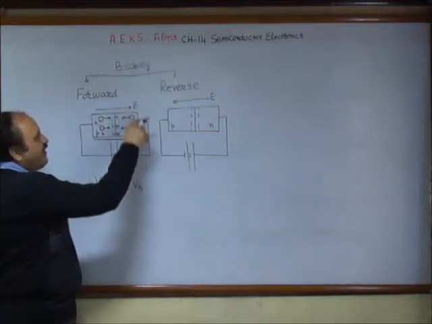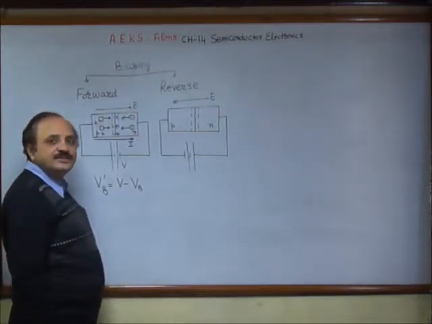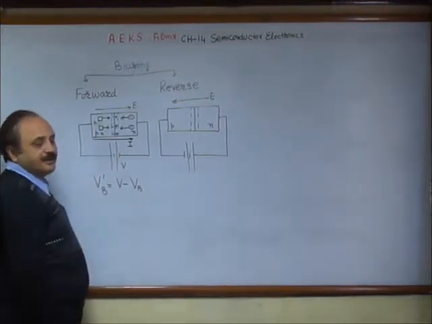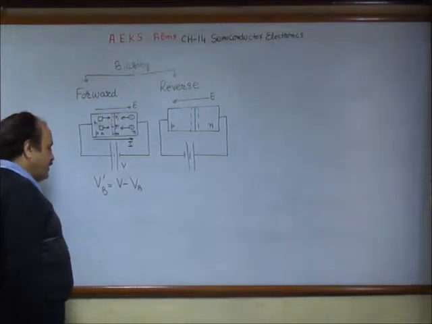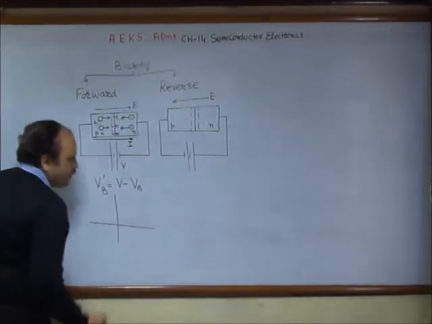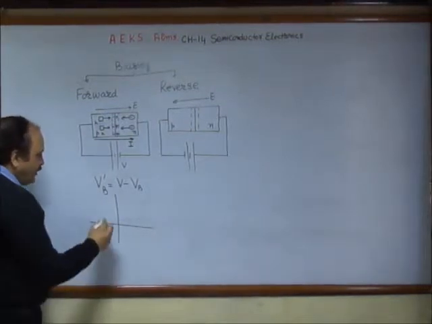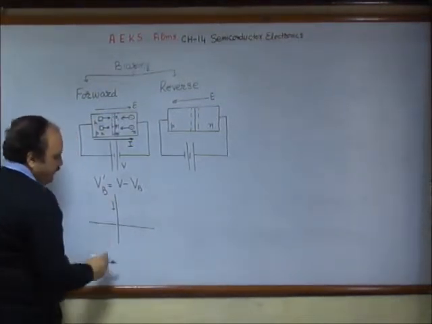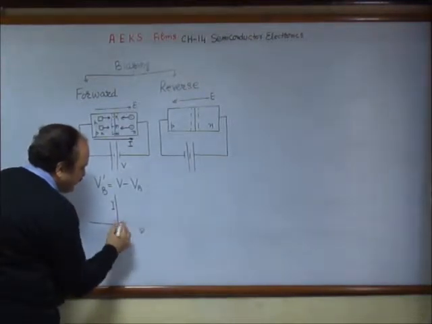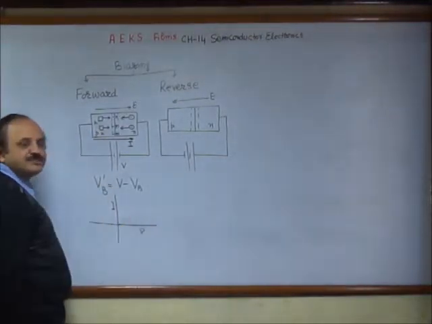Since this device is not an ohmic device, variation of the current with the increase of the voltage is not linear. If we show, taking the current on the y-axis and voltage on the x-axis, we notice two important things.